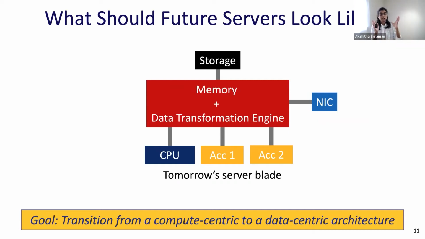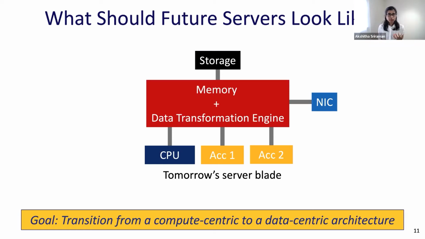So something that roughly looks like this cartoon here, where memory or data elements are the central entity along with their closely coupled transformation engine. And all of these different compute elements are at the periphery. And this, we think, is the first step towards building such a data-centric architecture.